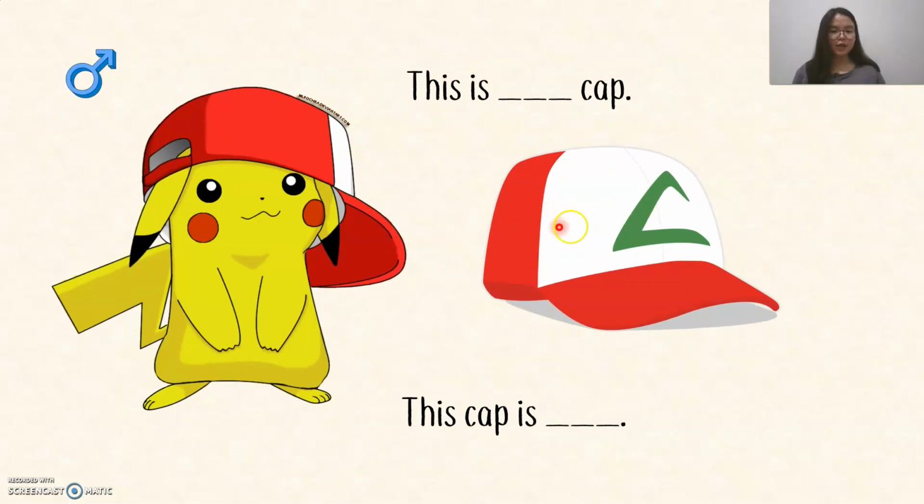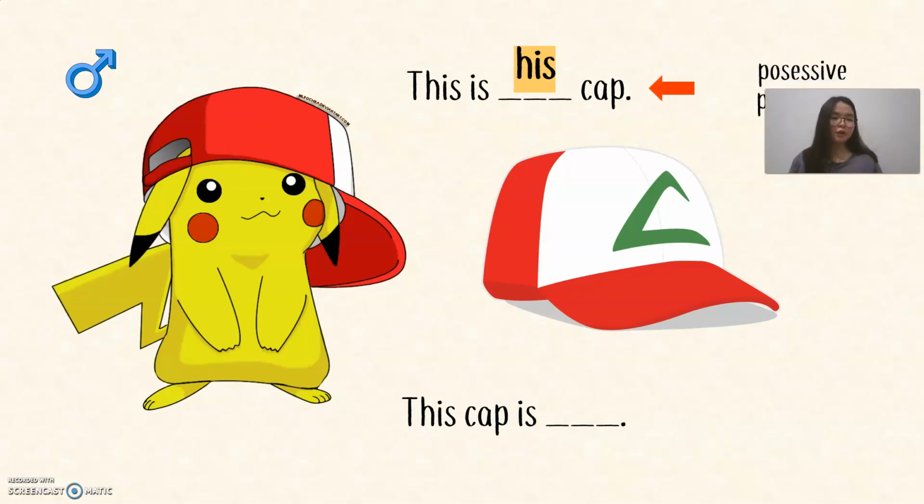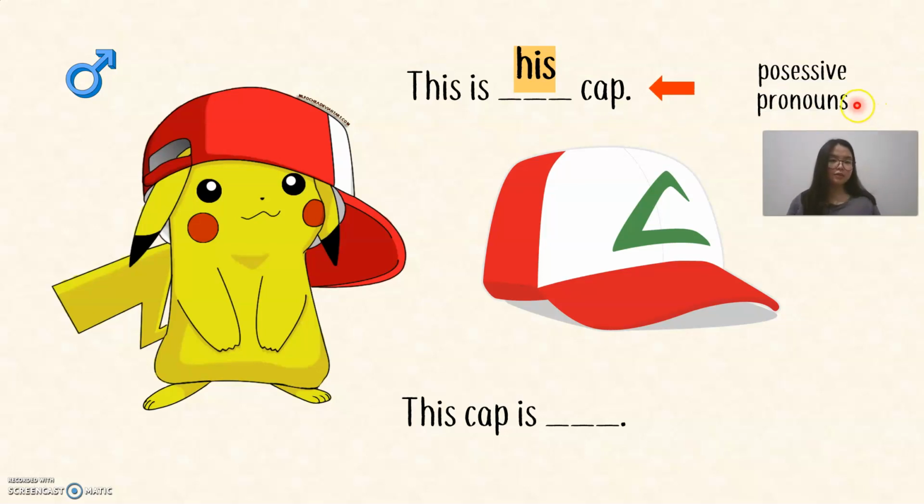What about this one? We have this cap which belongs to male Pikachu, I'm sorry. So this is his cap. It is a possessive pronoun because we have the noun cap here, so we just need to use his.